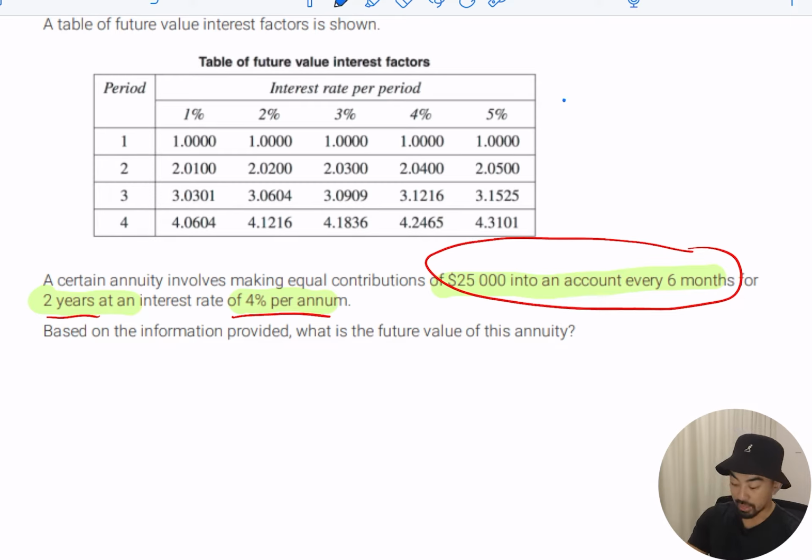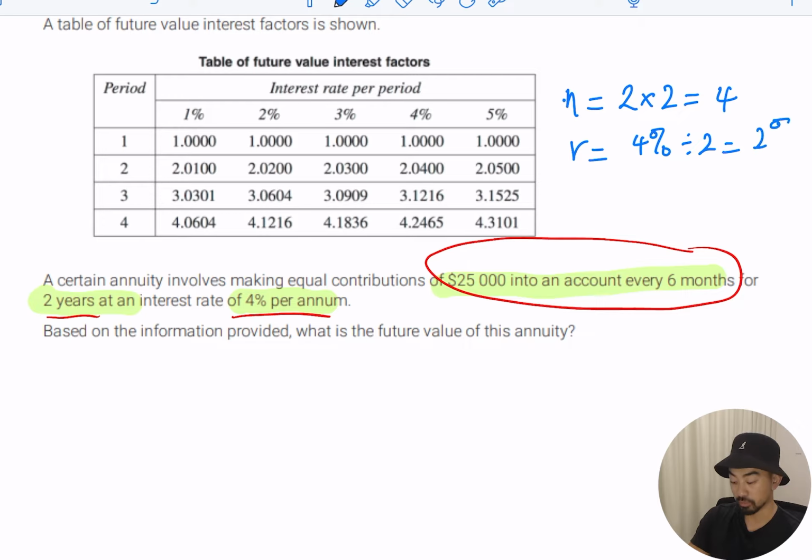So our N is not going to be 2 years, it's going to be 2 years times every 6 months. So that's 2 times 2 is 4 periods. And our R is going to be 4% divided by 2 for every 6 months, so that's 2%. So I'm looking at 2%, 4 periods. My interest factor there is 4.1216, and all I need to do is get that number. So my future value is going to be my contribution times my interest factor.